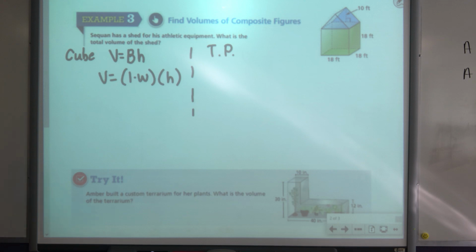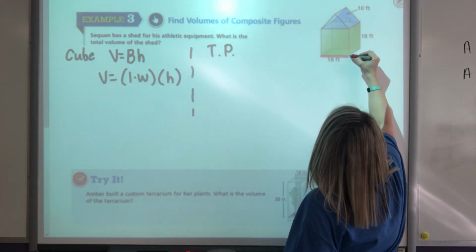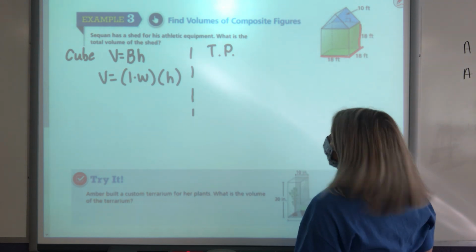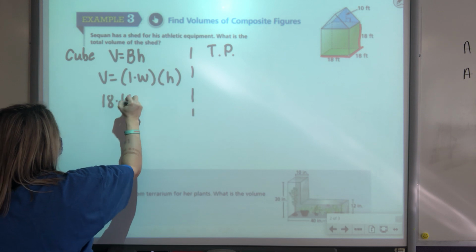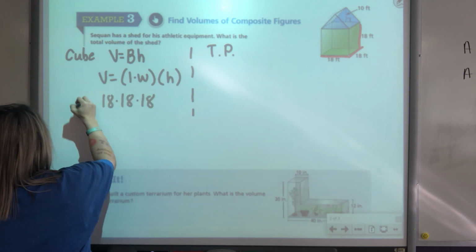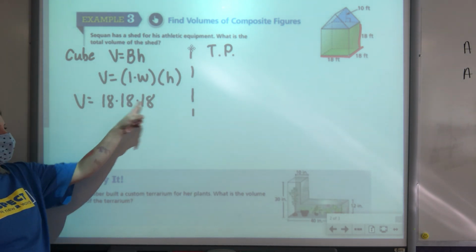What's the width? What's the height? Very good. So we've got length, width, and height, and all those measures are 18. So the volume of our cube is 18 times 18 times 18.